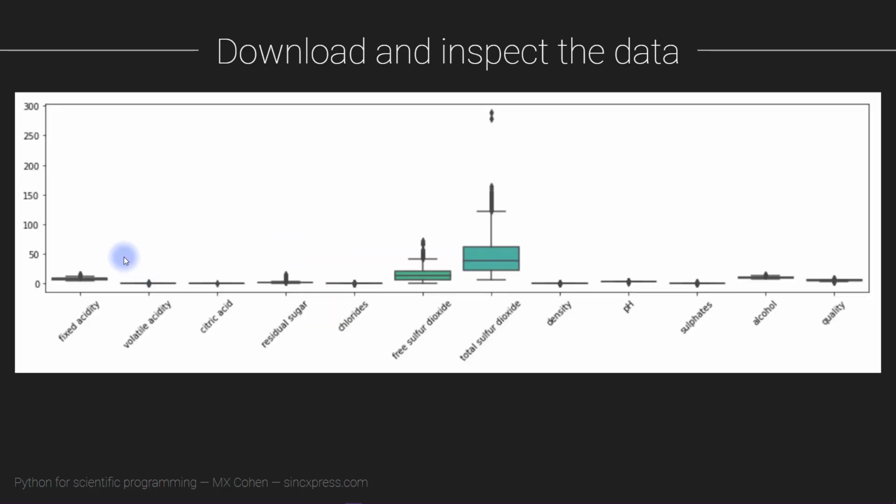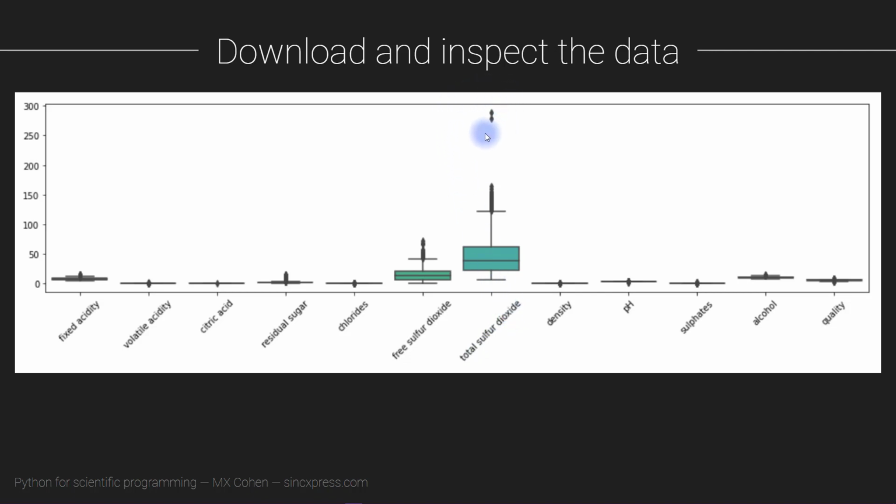And then you want to generate a bar plot that looks something like this of all the different columns. So this shows you the distribution of data values for all of the features and also the dependent variable that we have. Now you'll notice here that it looks like there's a couple of outliers. There's a couple of data points that are very unusually large for total sulfur dioxide.